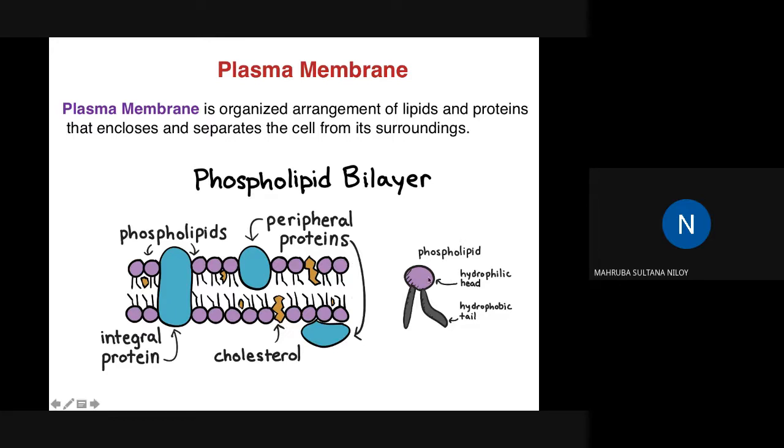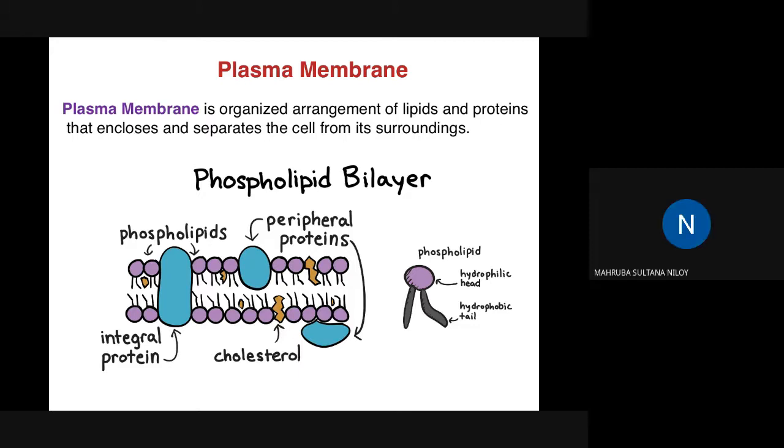So a phospholipid is composed of two types of things, right? One is the head and another is the tail. So the head is hydrophilic and the tail is hydrophobic. So what is the meaning of hydrophilic? It attracts water, and hydrophobic is where it fears water, so it doesn't go close to water.